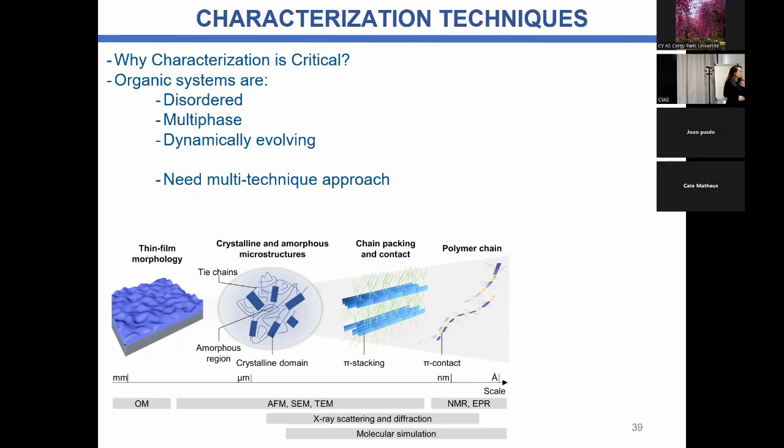So, for instance, here I just put the morphology. In terms of the size of the material, if we have thin film morphology around millimeters, you can use an optical microscope to see.